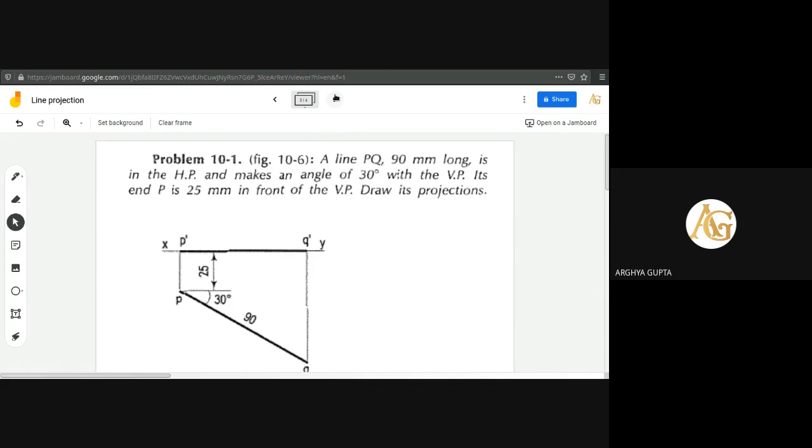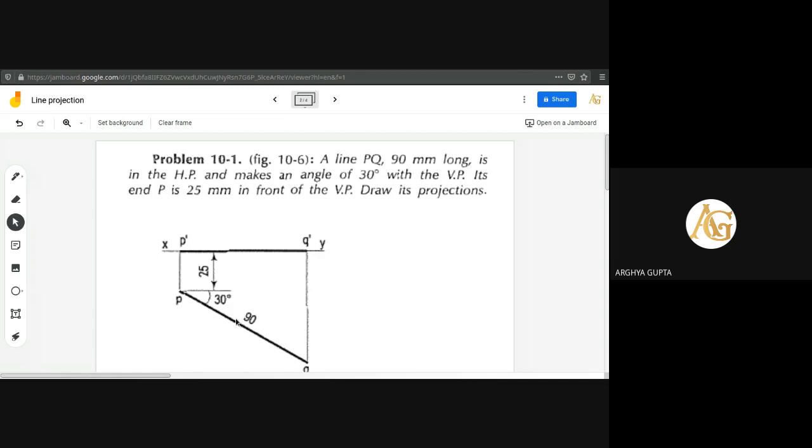Here is the first problem. A line PQ 90 mm long, so the true length is given, is in the HP and makes an angle of 30 degrees with the VP. Its end P is 25 mm in front of VP. Draw its projections. We have to understand which plane the line is parallel to and which plane it is inclined to.